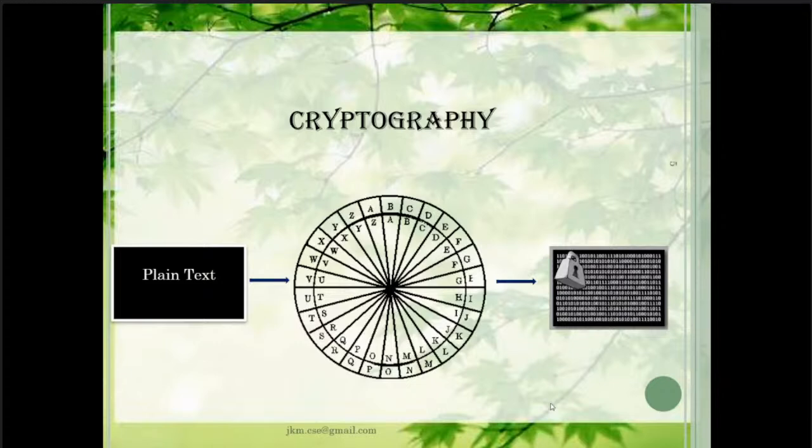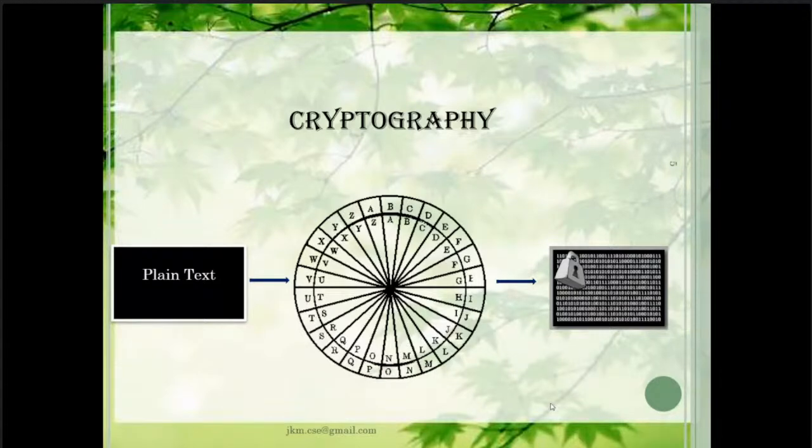Then the complete encrypted ensemble is communicated through the open channel and received, and the key is sent maybe through private channels, or there may be some key exchange policies, and then the data is retrieved back, which is called decoding. So this is called cryptography.